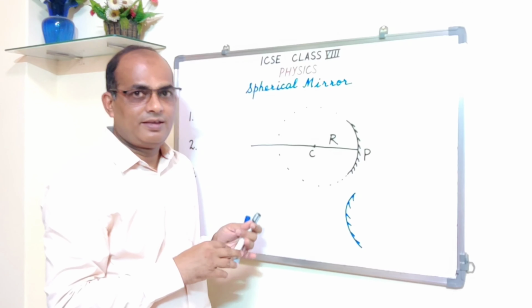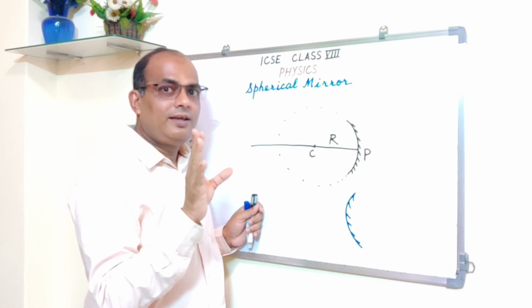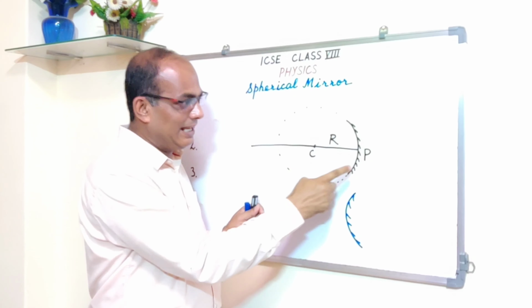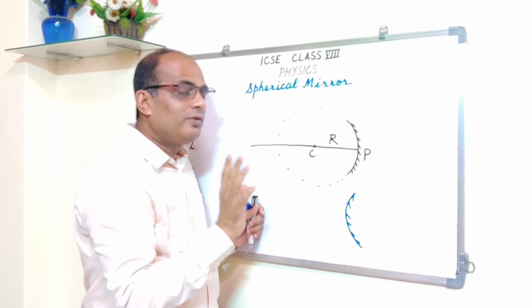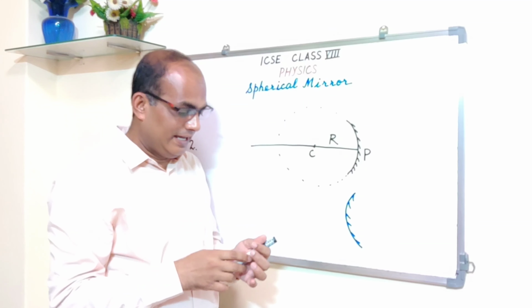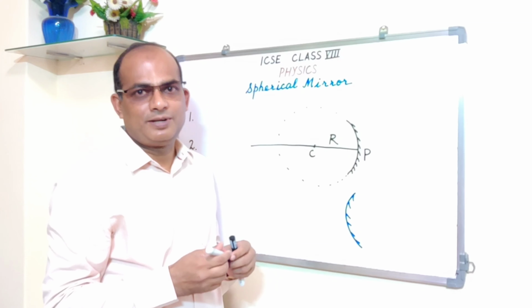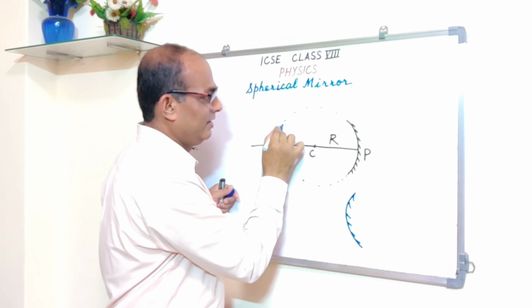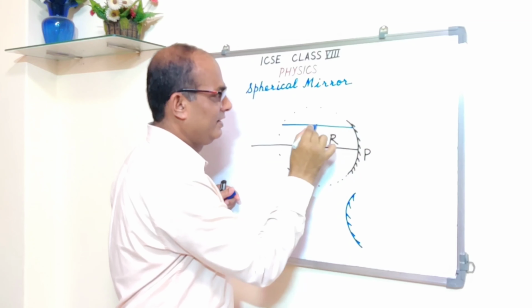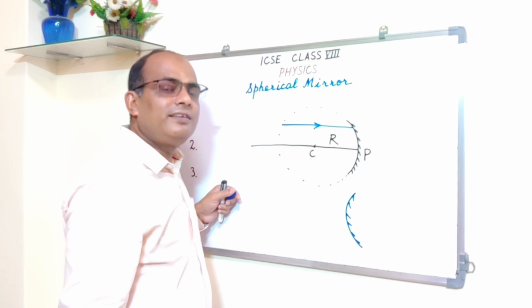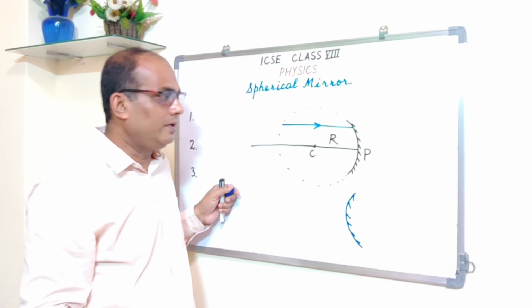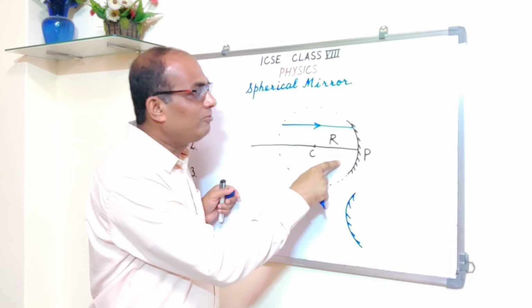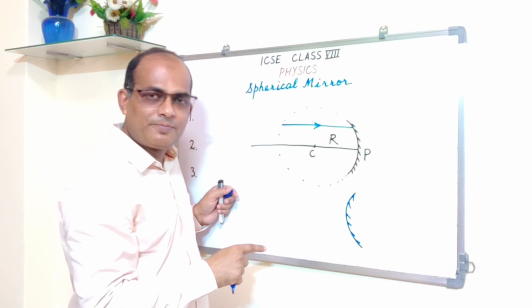The light rays which are parallel to the principal axis, because this is the line joining P and C. For example, this one ray I am taking. This is a ray which is parallel to the principal axis and falling on a concave mirror.